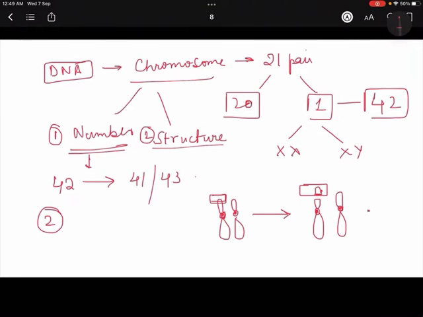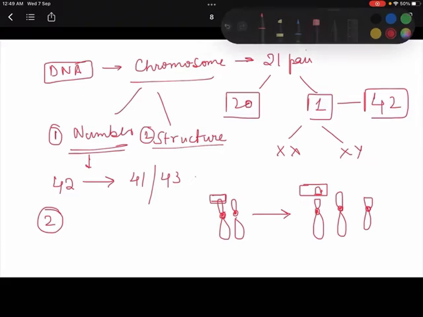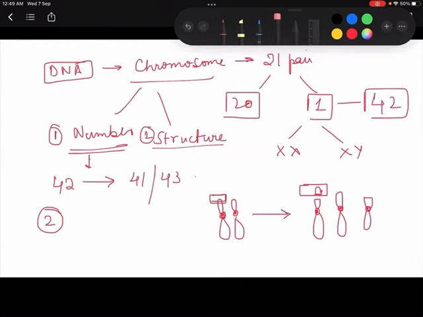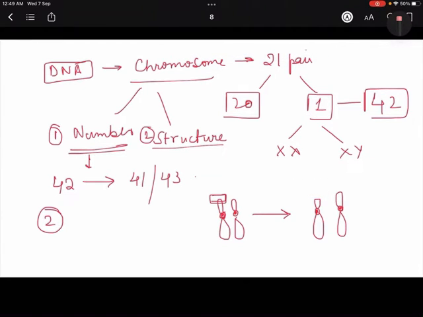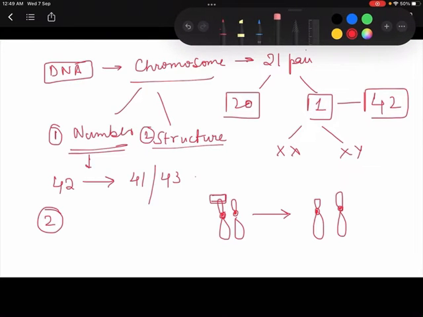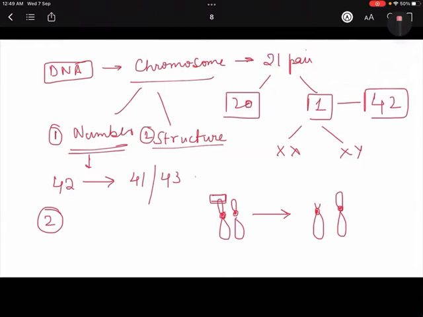So only this much is left. Only this much is left. So there is deletion in some part, or deletion in the whole part, or the whole chromosome only gets deleted, but that will come in the number.